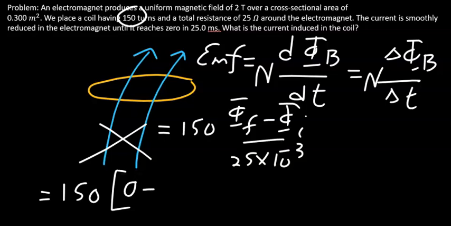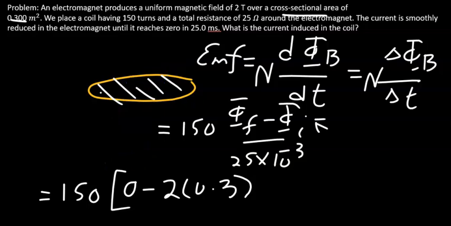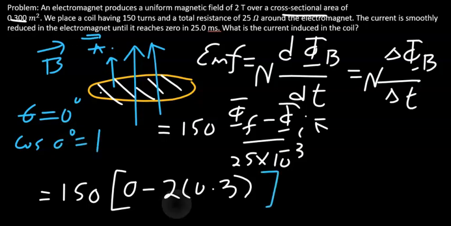So 0 minus the initial magnetic flux. The initial field is 2 Tesla, times the cross-sectional area of that loop, which is 0.3 meters squared. In this example, we assume that the direction of the magnetic field and the area vector A is the same, so the angle between them is 0, so cosine 0 is 1, so therefore the initial flux is just 2 times 0.3.